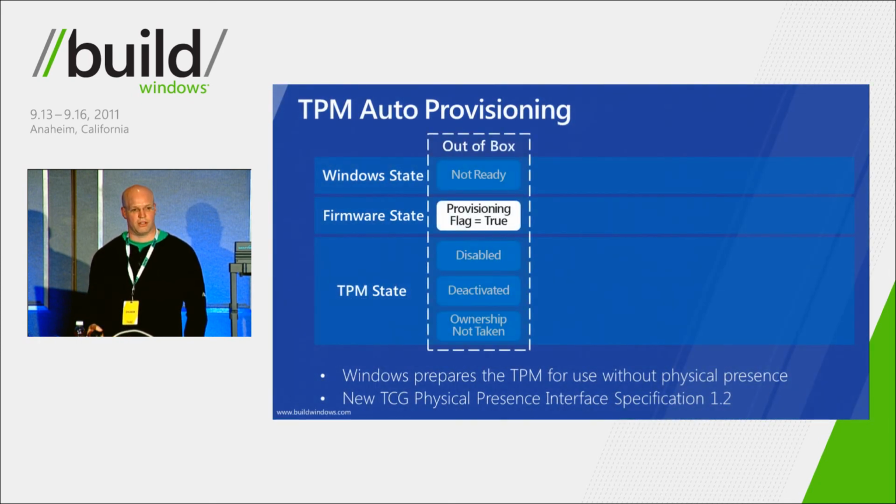With Windows 8, we're trying to change what that model is so the customer experience is a lot better. There's a new physical presence interface 1.2 specification from the TCG that we're advocating hardware manufacturers implement on their system. And it has a new flag in the firmware that basically says TPM provisioning can happen without any user involvement.